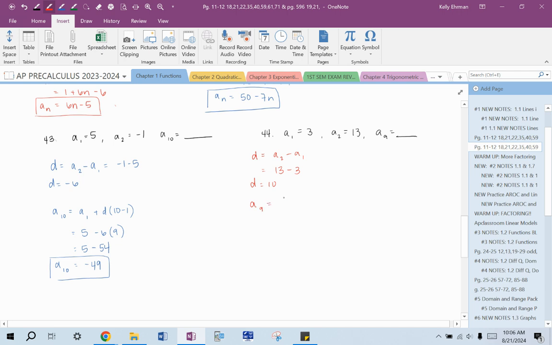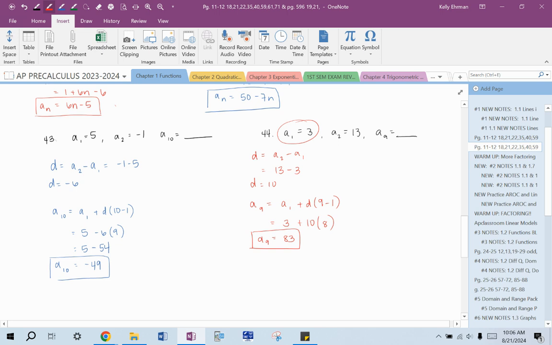So that's going to be starting at, I like to give myself these formulas so I don't pick the wrong number, so I'm going to start at a1. I'm going to add the common difference times, instead of n minus 1, n is 9, so 9 minus 1. First term was 3. Common difference was 10. 9 minus 1 is 8. This is 83.